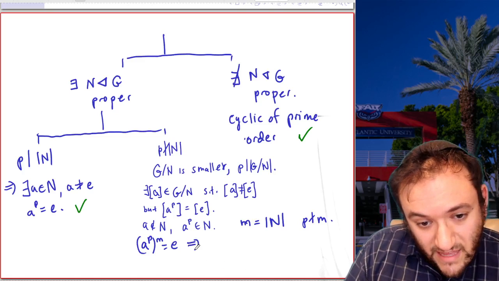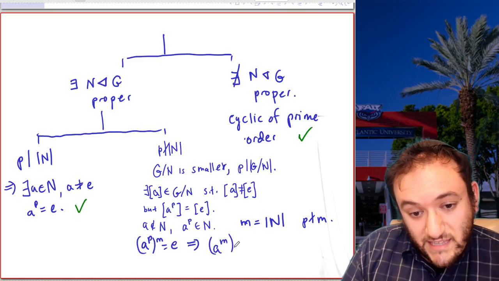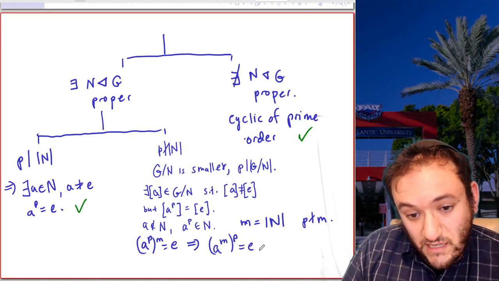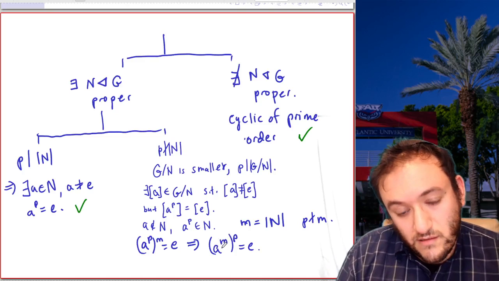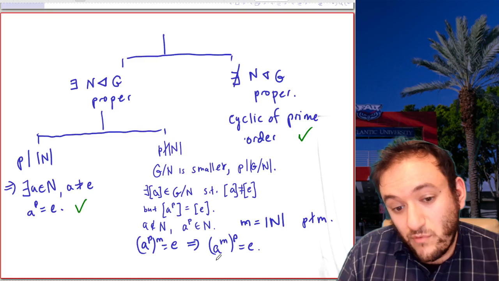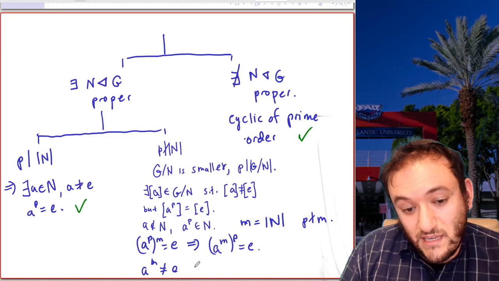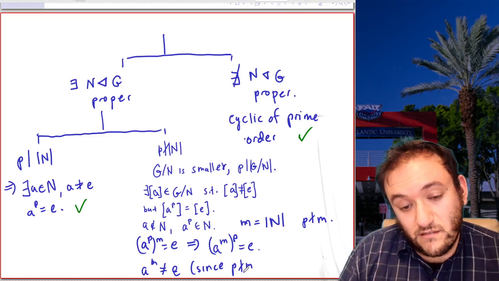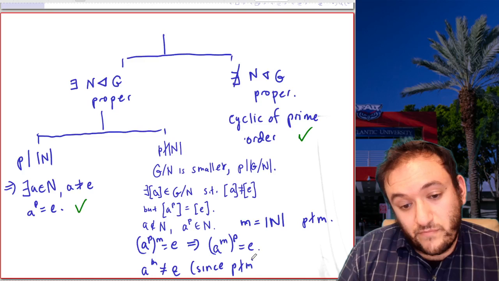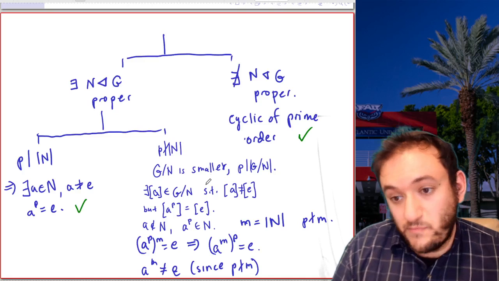This tells me that I can swap the exponents and keep it the same. So A to the m to the P is equal to E. And since P does not divide m, we know that A to the m is not equal to E. And we know that the order of the class of A is P.